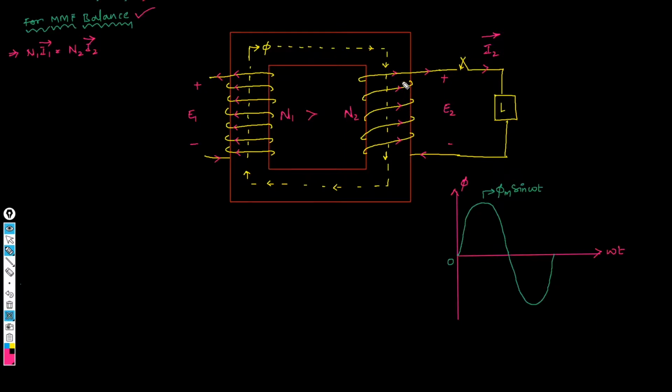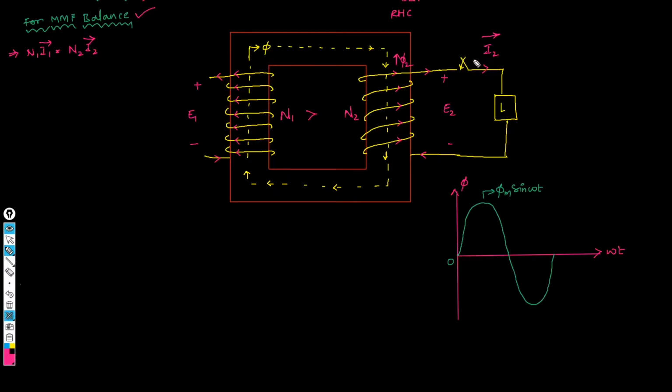Whatever flux there is, if you apply the right hand curl rule, place your curl according to the current direction, and your thumb displays the north field. So the flux direction would be directed upwards. Assume this is phi 2, which is in the opposite direction to the original flux.